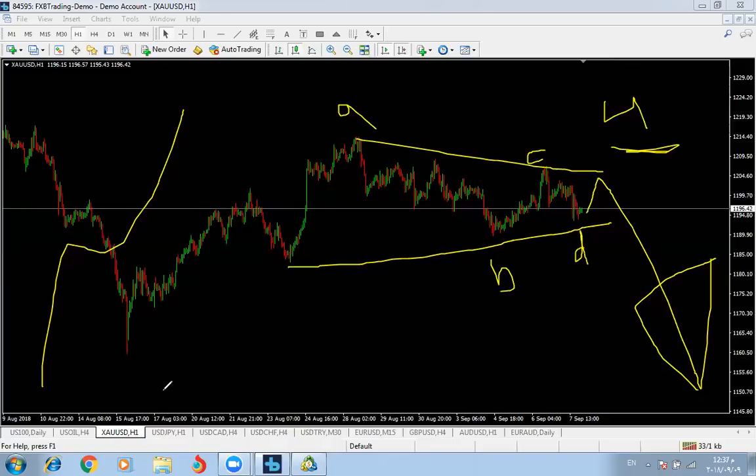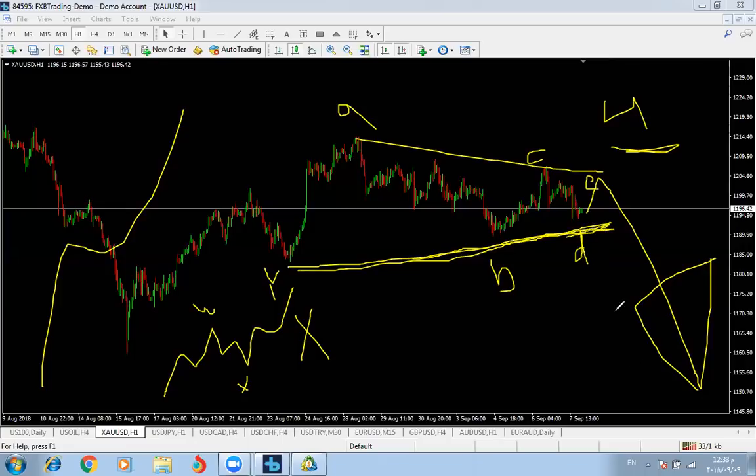Last session we anticipated an extra leg to the WXY to the upside, but now this is not going to happen. The price action is telling us that this structure is a triangle A, B, C, D, E. So we can enter after making wave A, or some conservative traders can enter after the breakdown of this triangle to the downside.